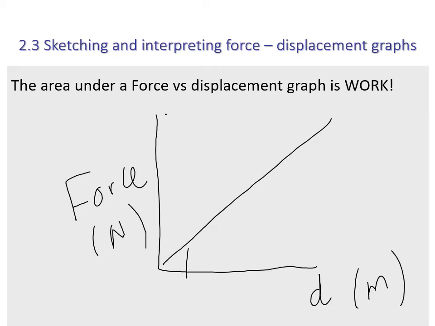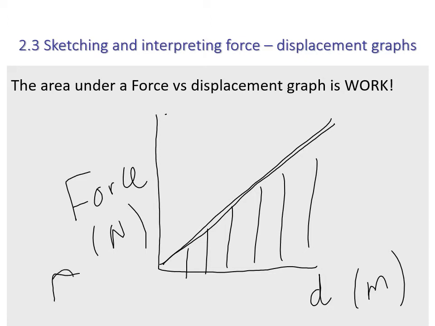If I find the area under the curve, which is the area between the line and the horizontal axis, always, this area would have a shape. This shape is a triangle, and so the area under this curve would be equal to 1/2 base times height. My base is displacement, or distance. The height is the force in newtons.